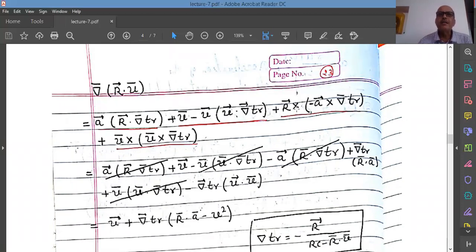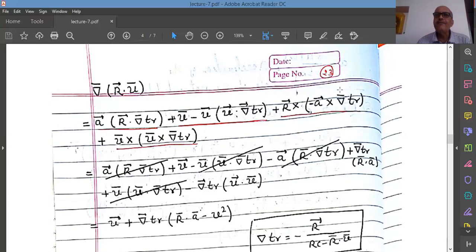Now, the third term and the fourth term are similar to an a cross b cross c term. And we all know that a cross b cross c can be expanded using the BAC minus CAB formula. So you can check the same thing. This is A, this is B, and this is C. So it is a B, so we have a minus sign. So minus a B into AC, R dot gradient of TR. And the second is minus CAB.